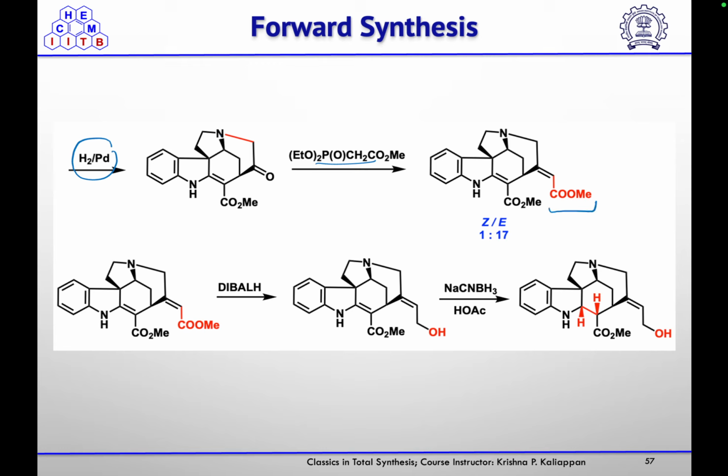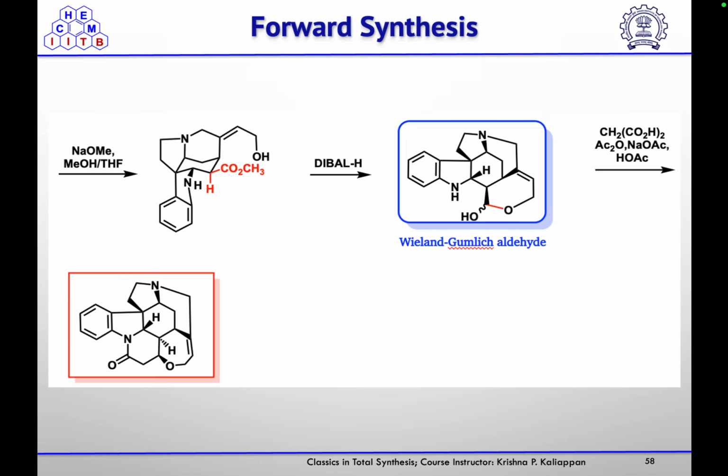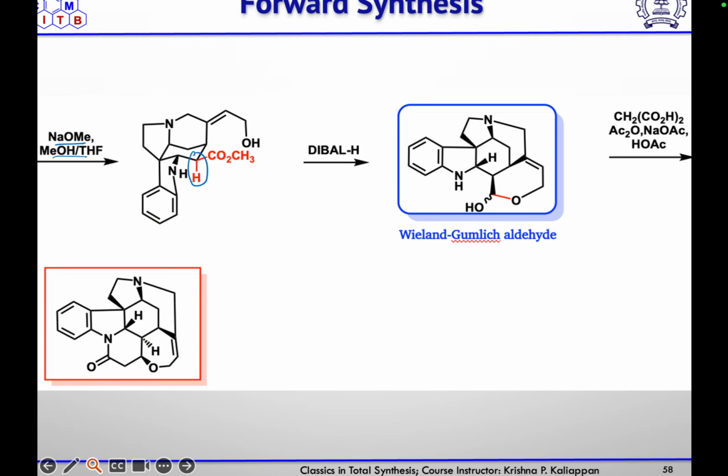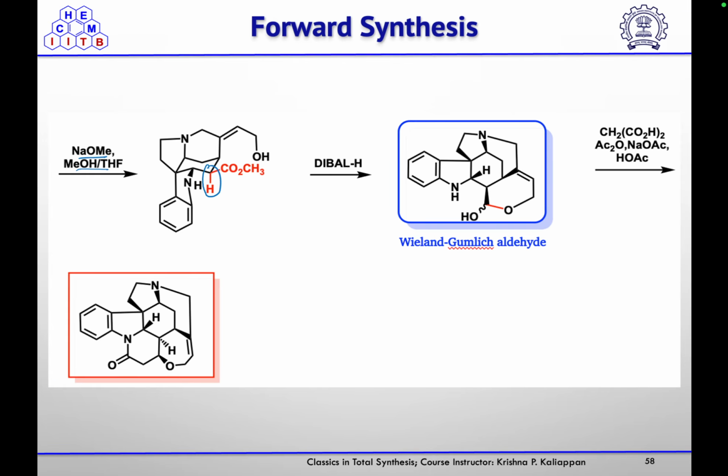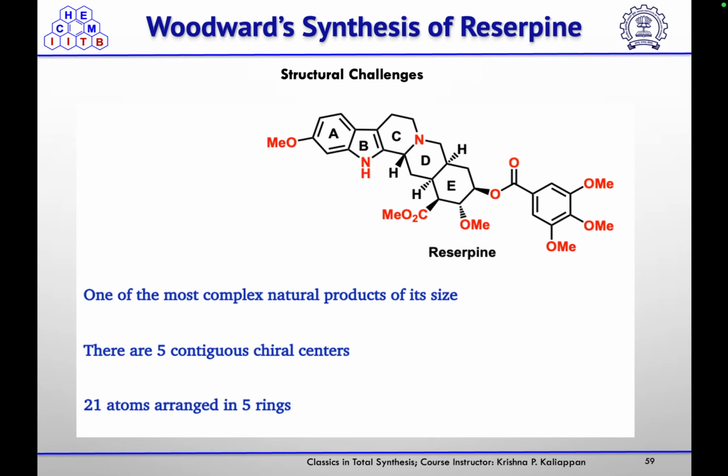Then using DIBAL-H, they reduced that ester to the corresponding alcohol, and using sodium cyanoborohydride, they reduced this alkene, followed by reaction with sodium methoxide and methanol. So here they did the inversion of that center, so epimerization of that ester position. Then DIBAL-H will reduce that ester to the corresponding aldehyde, and so they got this Wieland-Gumlich aldehyde.